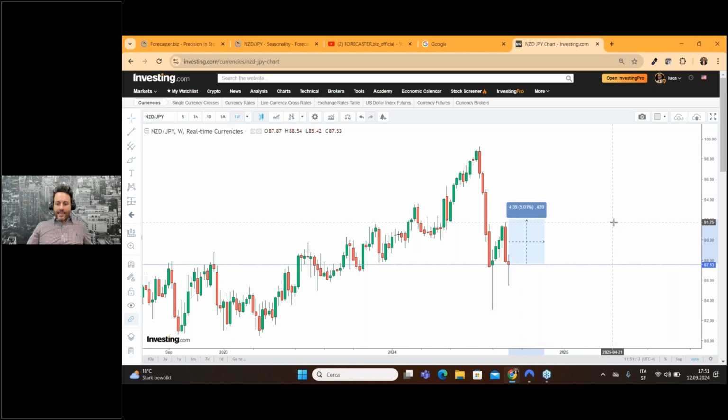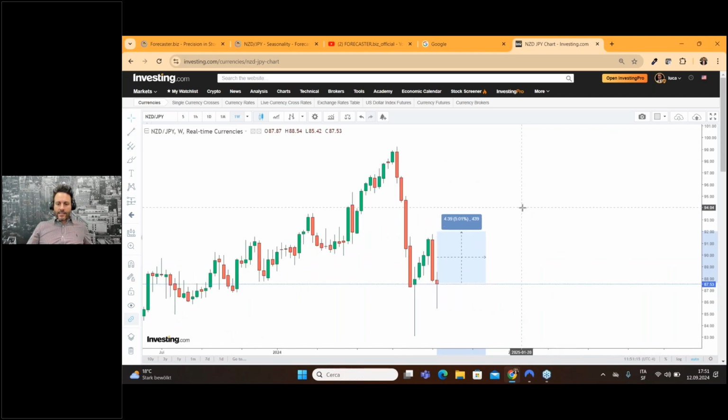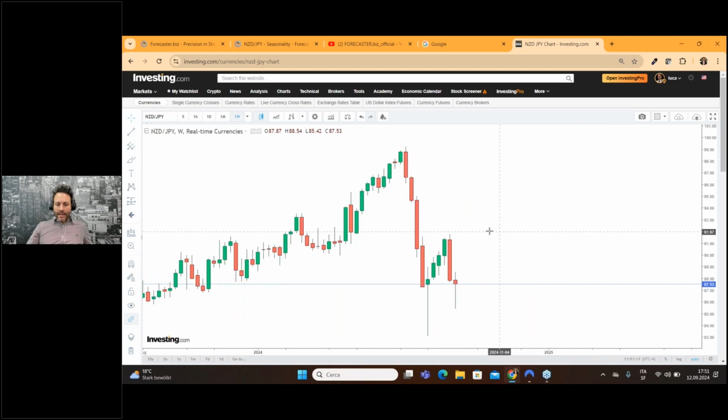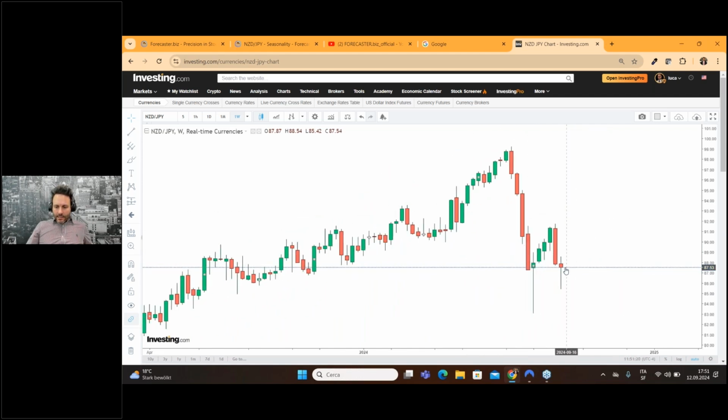In this case, as you can see, our target is just above the highest price for this moment. Here we have a 5%, which is a little bit higher than this high.